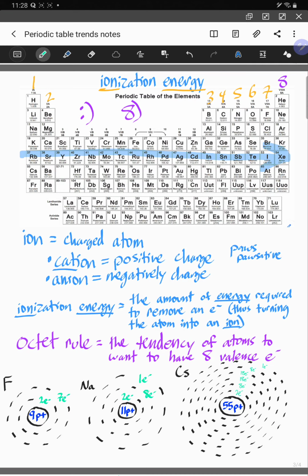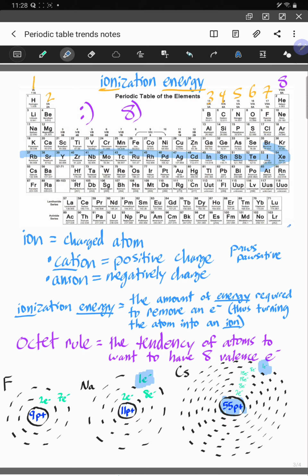So let's think about, we are talking about the ionization energy, whether it's going to increase going up or down. So cesium is going to help us make that determination. So let's think about the distance that this electron here is versus this electron is from the nucleus in sodium, and the attraction that this electron has to its nucleus here versus this electron to sodium's nucleus.